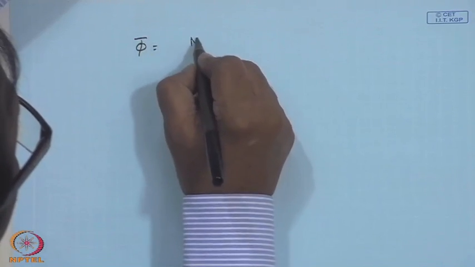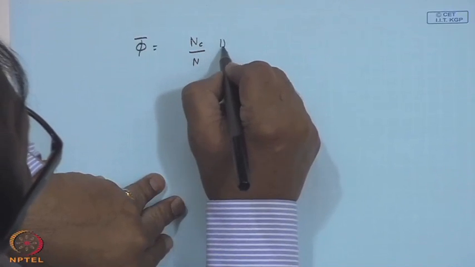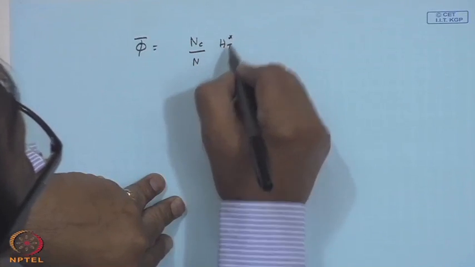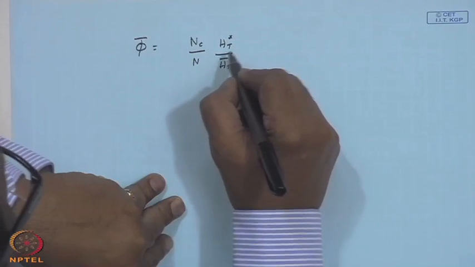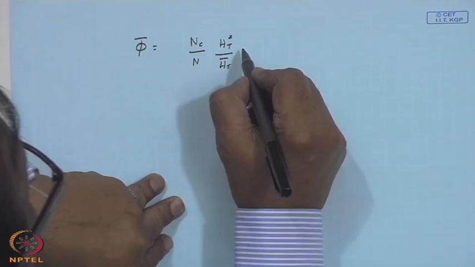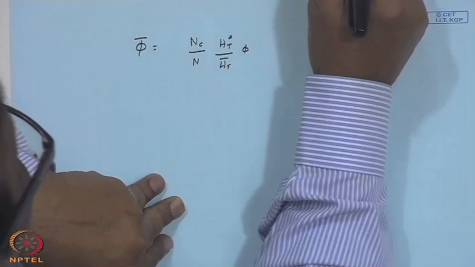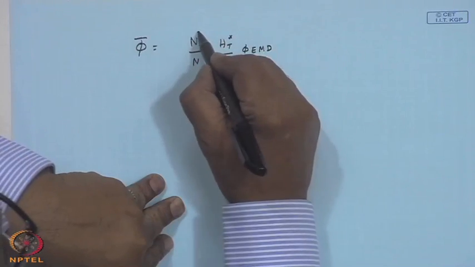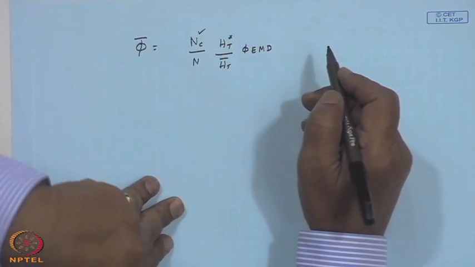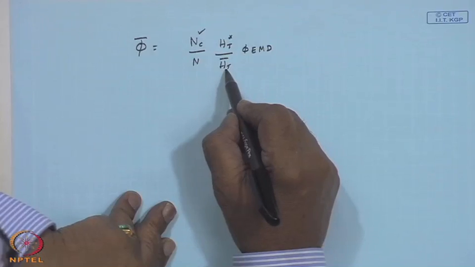So, phi bar will be NC by N times HT star by HT bar times phi EMD. Phi bar is equal to this, that is it. NC is known, for that I need the Liu and Jordan clearness index distributions, then HT star and HT bar.